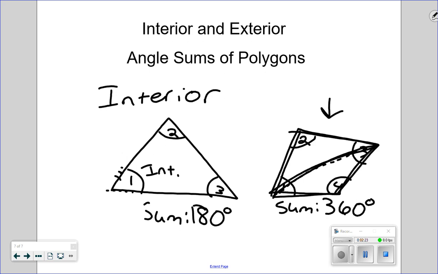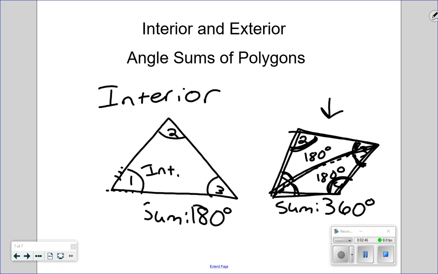The reason that the angle sum of a quadrilateral is 360 degrees is because if I were to add up these three angles of the triangle, then we would have 180 degrees. And if I would add up these angles of this other triangle, I would have another 180 degrees in total.